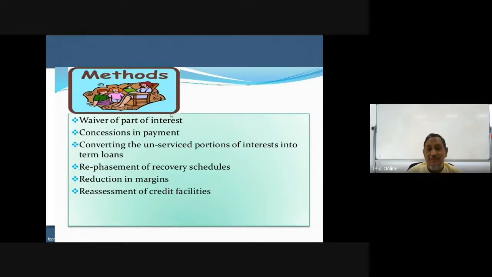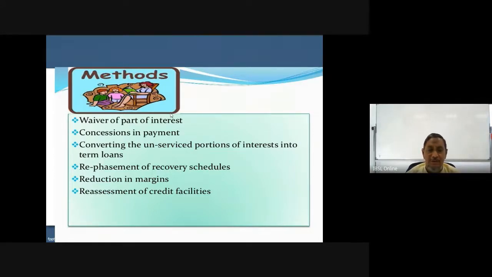Therefore, whenever a customer asks for an interest waiver, we work out their cash flow. If the interest waiver will help him stabilize his position and come back to normalcy, we may consider a waiver. It is not meant to reduce the customer's liability.